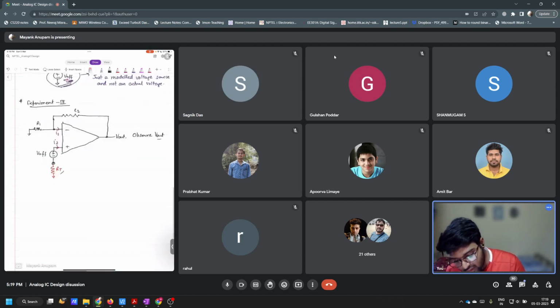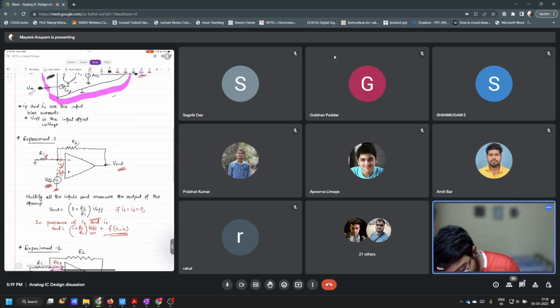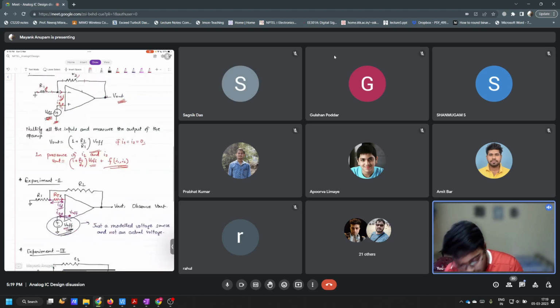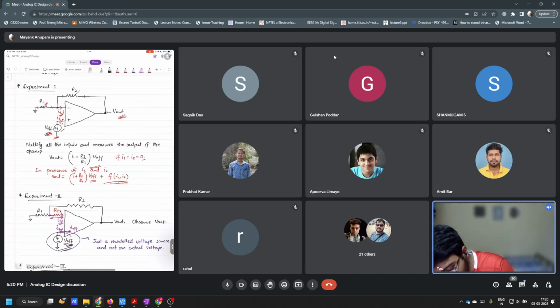So basically, you will have three equations for V out. And how will you find three equations? In all the three, you will have the effect of all the three non-idealities: V offset, I2 and I1.